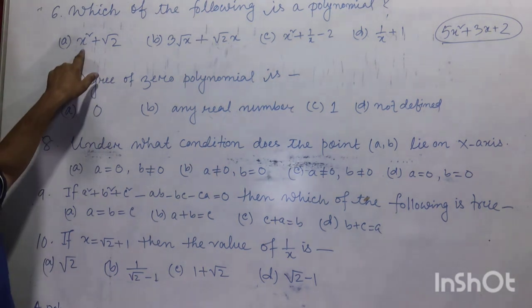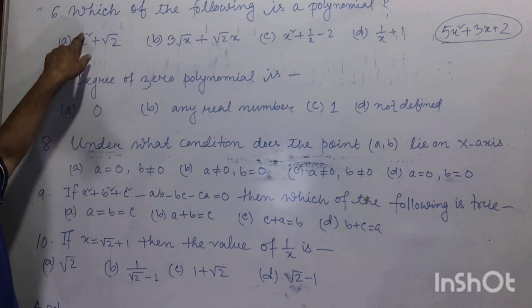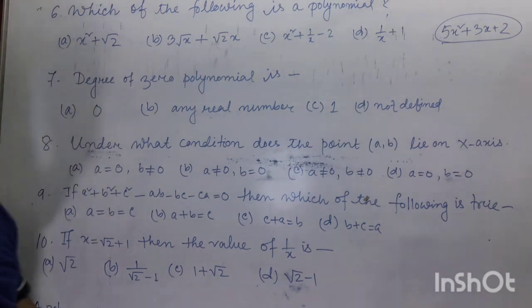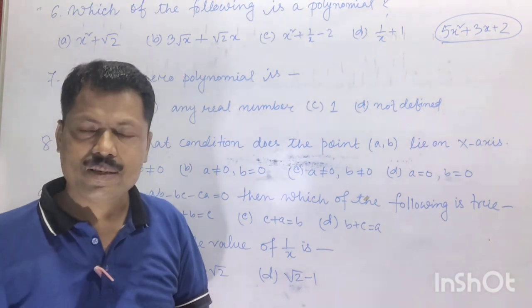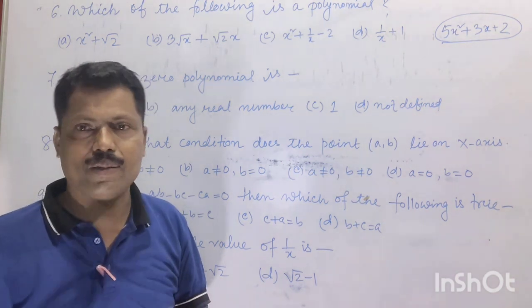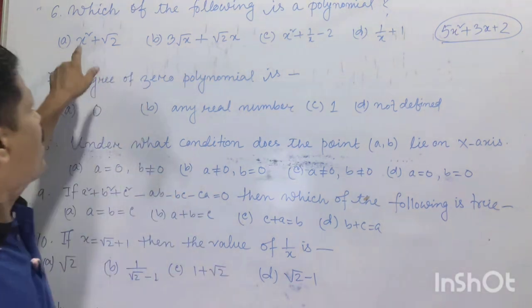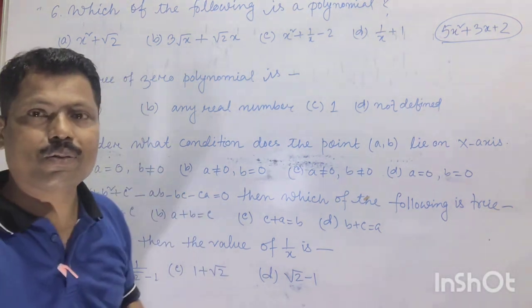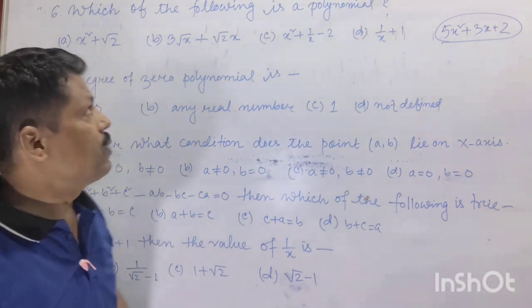Here the variable is x and the power is a non-negative integer. That means the power should always be a whole number: 0, 1, 2, 3, and so on. If there is a whole number power, we can say the expression is a polynomial. So here x square plus root 2, the power is positive 2, so that is a polynomial.